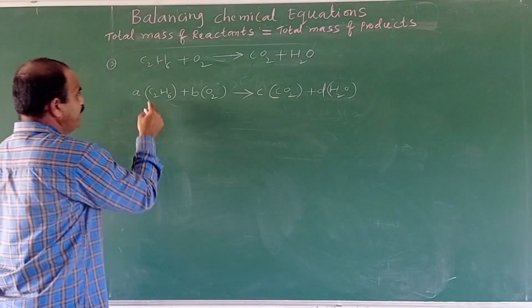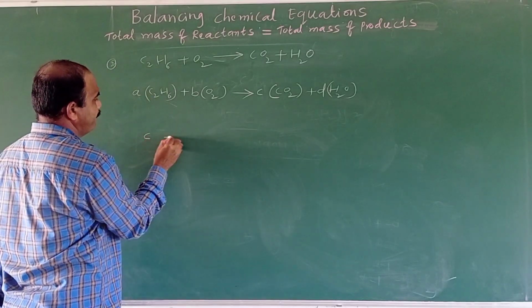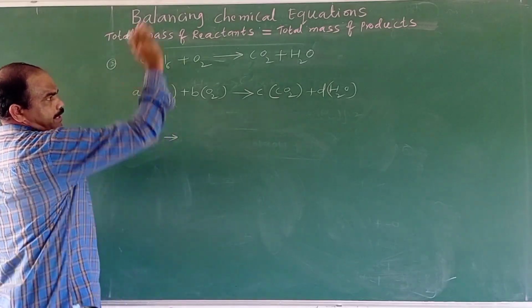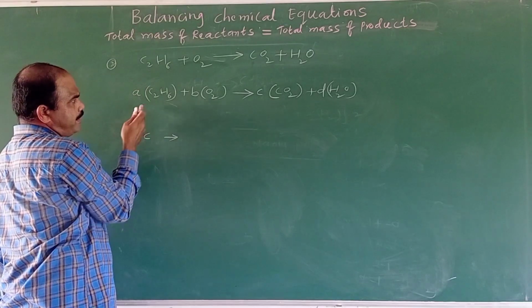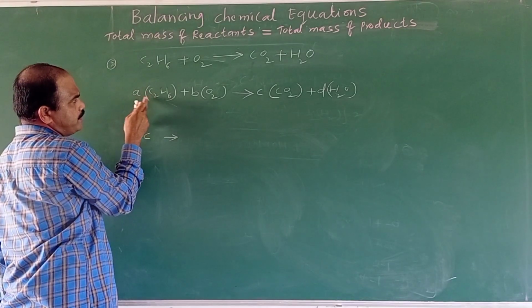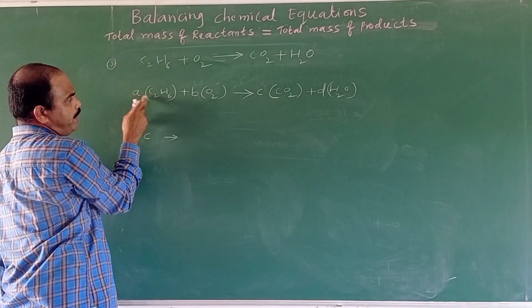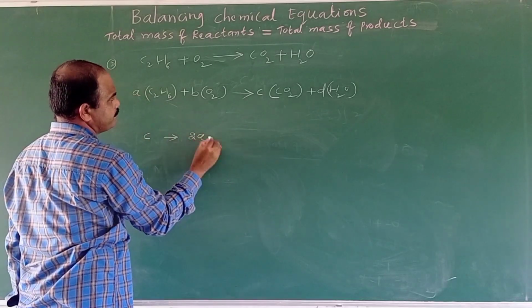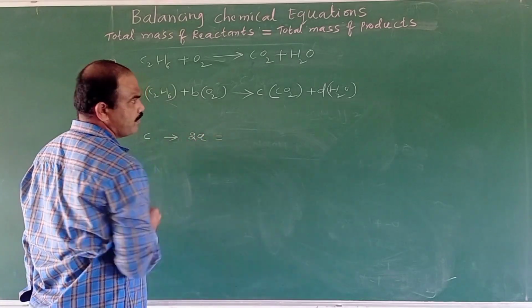First of all, I am taking the carbon. On the reactant side, how many carbons are participating? Here C2 is there, and this C2 is multiplied with A, so 2A, equal to.